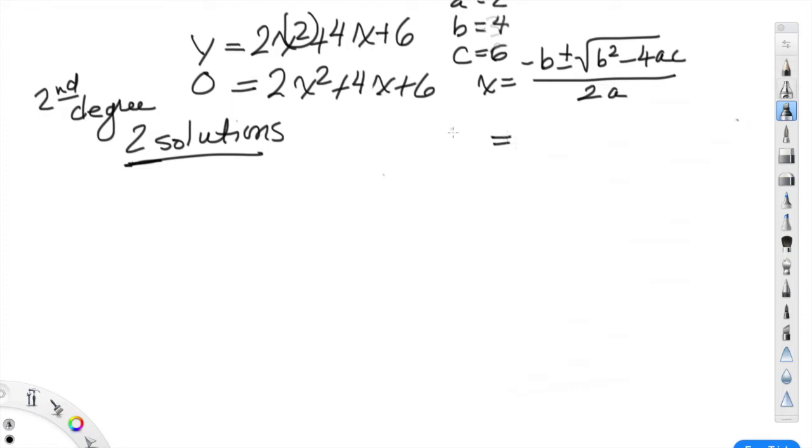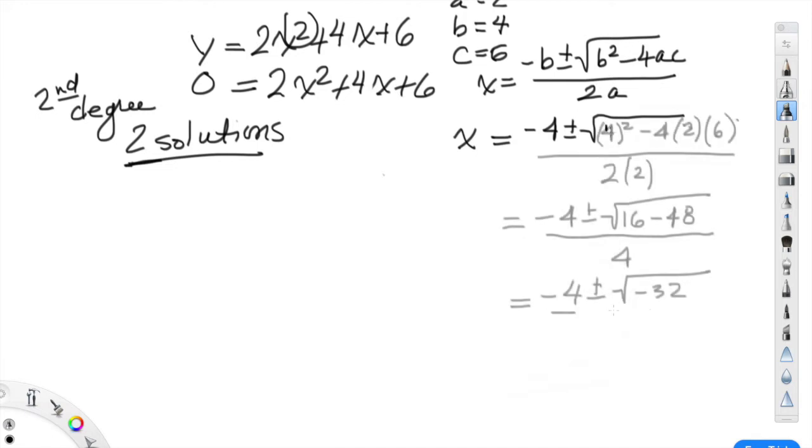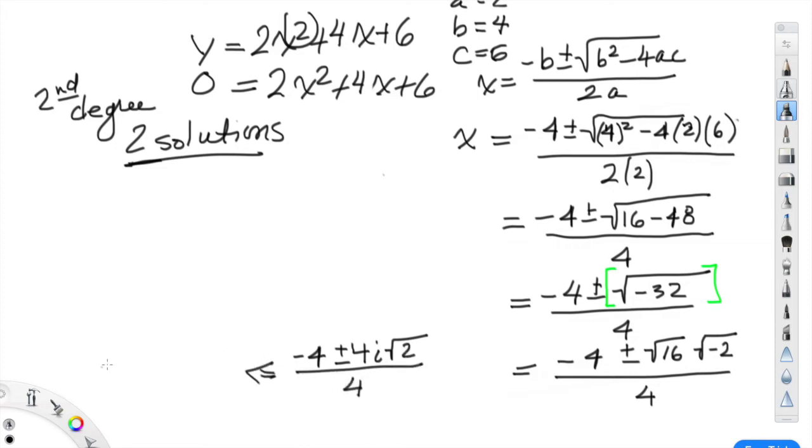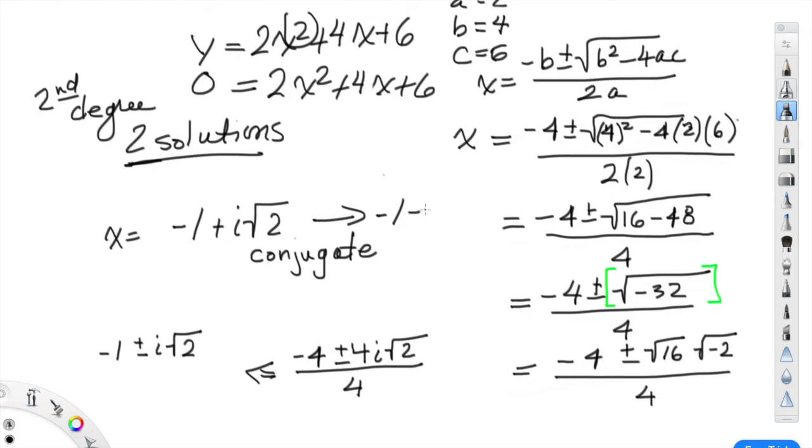So x equals negative b, which is negative 4, plus or minus the square root of b squared, which is 16, minus 48. We get a complex number because we have a negative under the root. Factoring out 16, the square root of 16 is 4, and then we have i and root 2. Dividing everything by 4, the solutions are x equals negative 1 plus i root 2, and the conjugate, negative 1 minus i root 2.